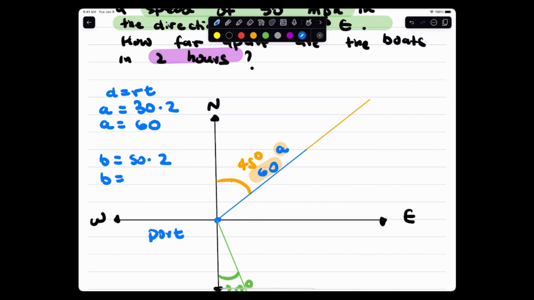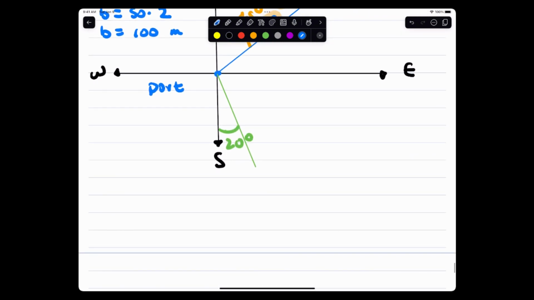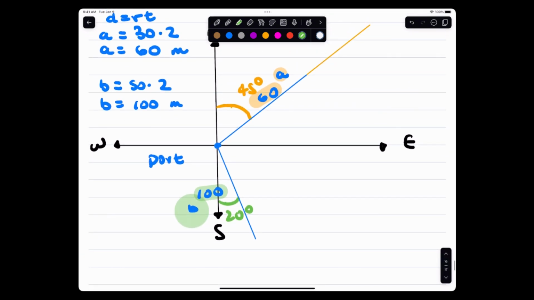What's 50 times 2? So this is in miles. So B is longer. Maybe I'll make it really long like that. And that measures how much? 100. And that's my B. So you might say, why are you labeling it B and the other one A? Well, because now it's a little bit more familiar to you guys.